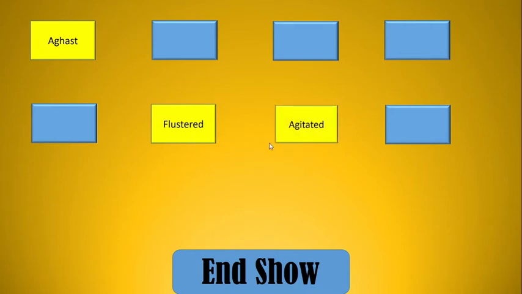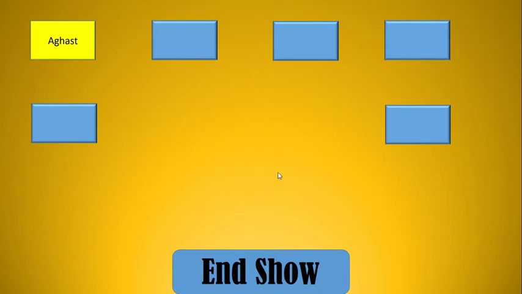Suppose if I click here, I know that aghast and agitated are also not the same meaning. But I find that flustered and agitated have similar meaning. They are nearly the same. So what I do is I click here and I click here, then again I click here. Okay, they disappear.